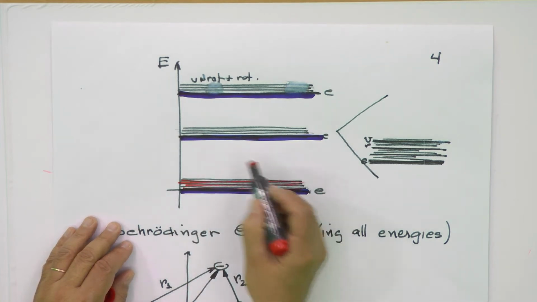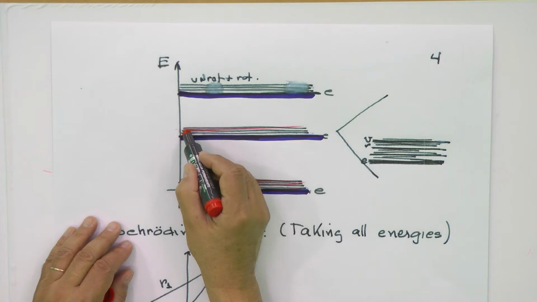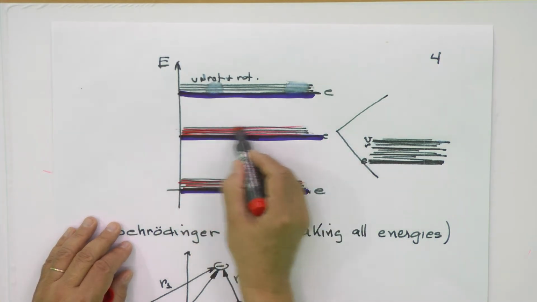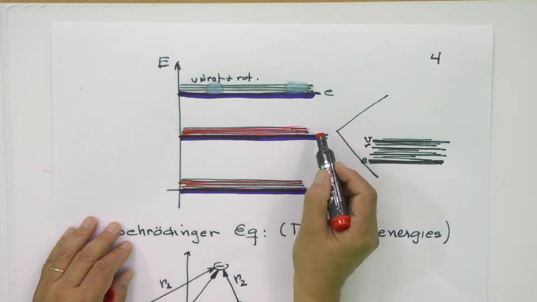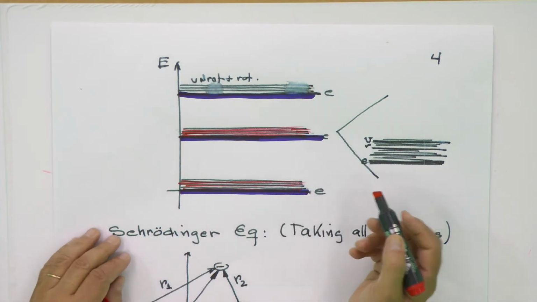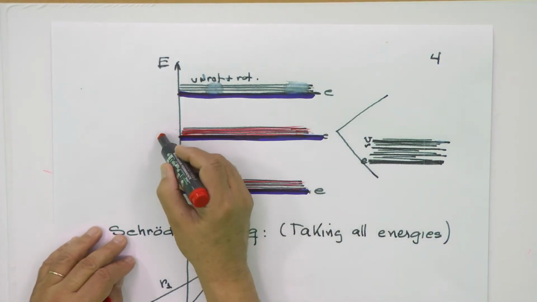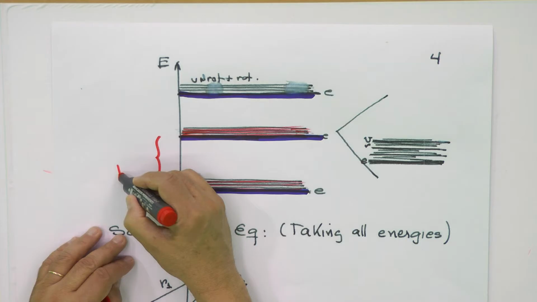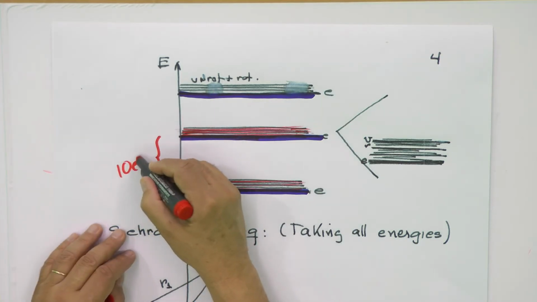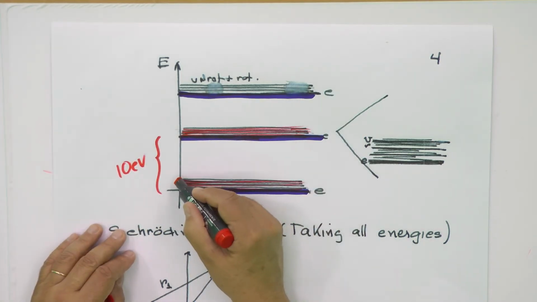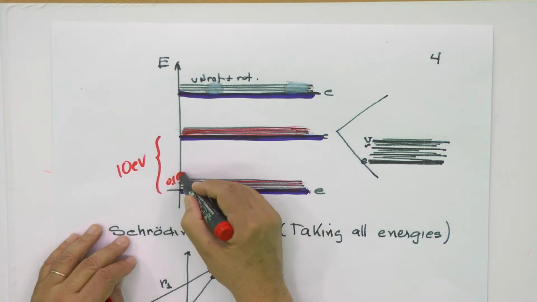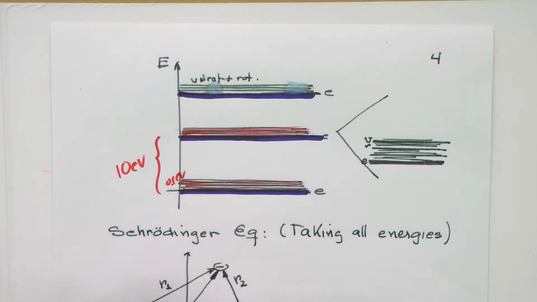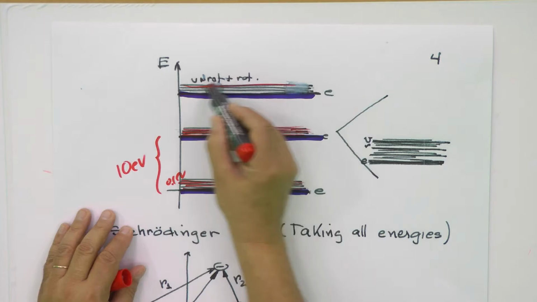All those are vibrational levels, which are about one tenth of an electron volt of energy. You know, this distance here is on the order of electron volts. I put 10 electron volts, but the distance here is like 0.1 electron volts. Right? So we have all the vibrational levels.